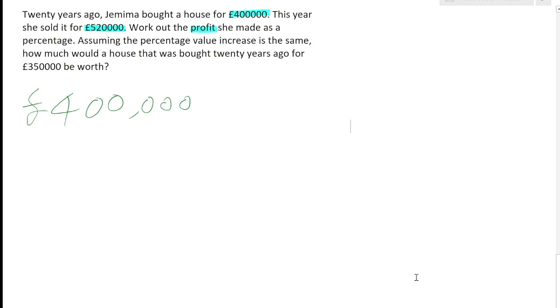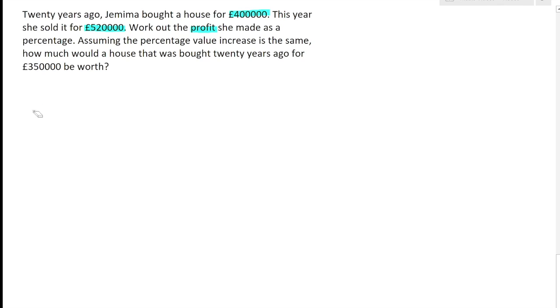So, starting with £400,000, sold it for £520,000. Now, obviously the percentage increase is as a percentage of £400,000, the original. So what is the actual value increase?